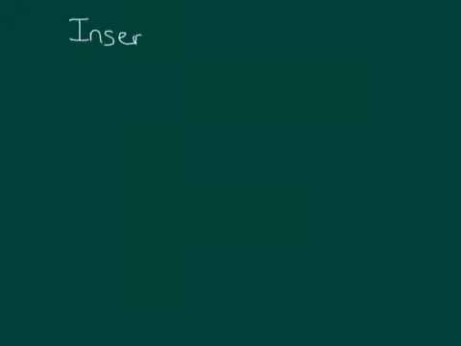So the next operation, which I'm also sure you've seen, is the insert operation. We're given a key and a value. Both are objects, and we want to insert this key-value pair into the hash table.